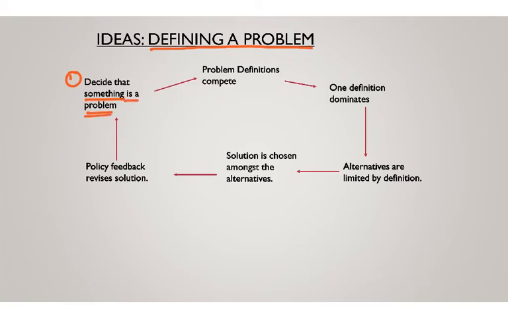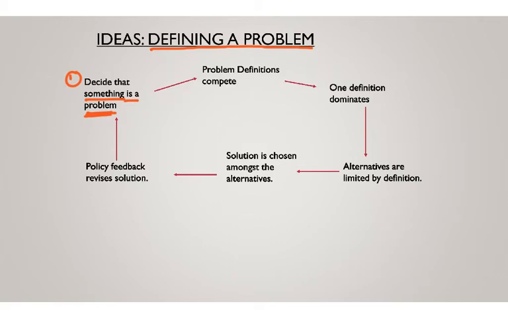And it is a problem that the government is best situated to address. So in the case of the opioid overdose crisis, the decision was made at some point, based on the number of people dying from overdoses, that the opioid overdoses were starting to become a societal problem.